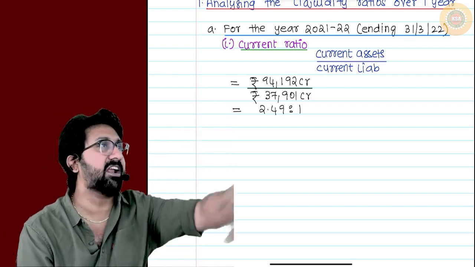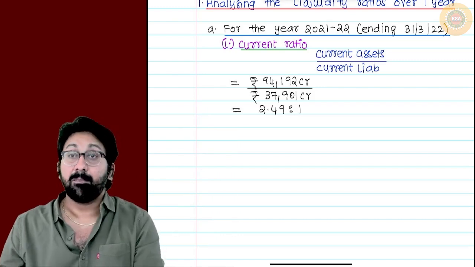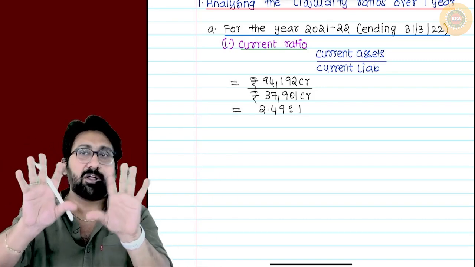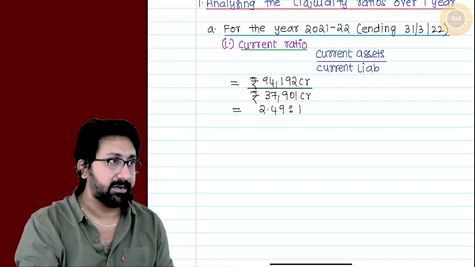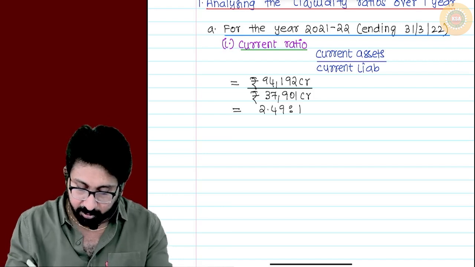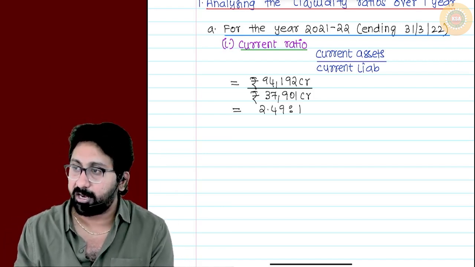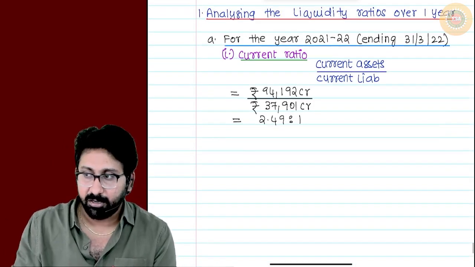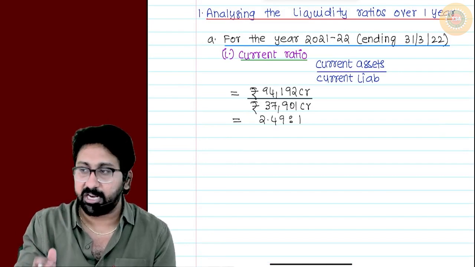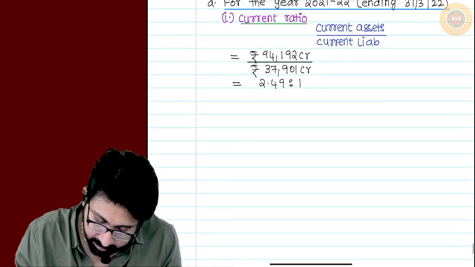Just like that, the left hand they will pay. Are you understanding the point? But this is not always the right indicator. What ratio do we have to calculate? Liquid ratio also we have to calculate. Before going into that, how much is the ratio that we obtained? 2.49 is to 1. Which year is this? 2021-22 financial year. So this is the current ratio, 2.49 is to 1. Write the comment.